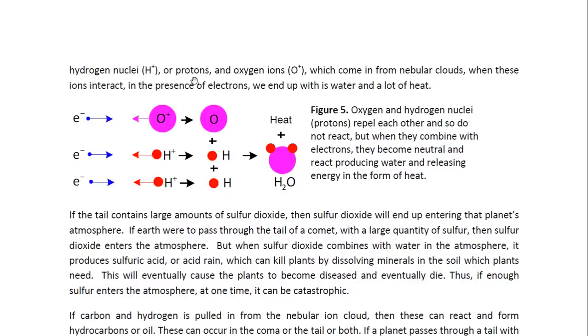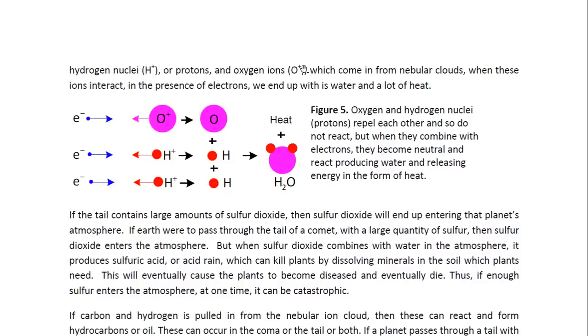It has only 1 proton in the nucleus and 1 electron orbiting outside the nucleus. And when a hydrogen atom loses its electron, then what is left in the nucleus is just a proton, which is positively charged. So it becomes a hydrogen nucleus, which is a hydrogen ion.